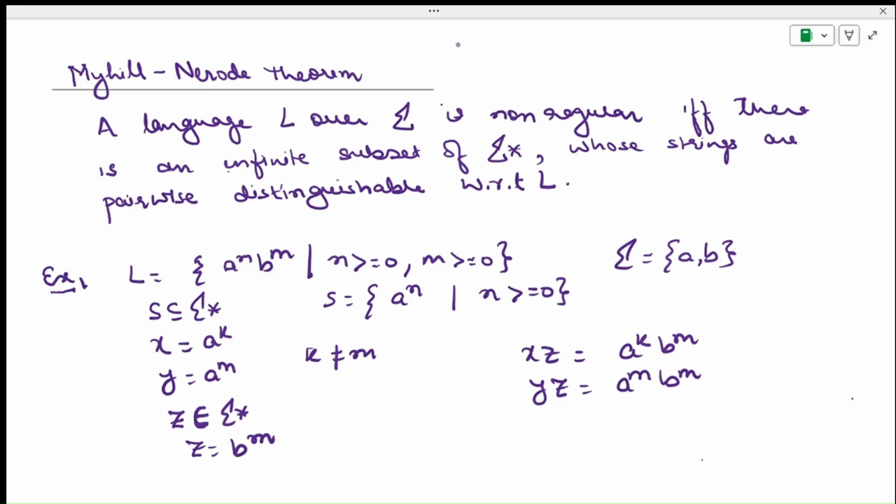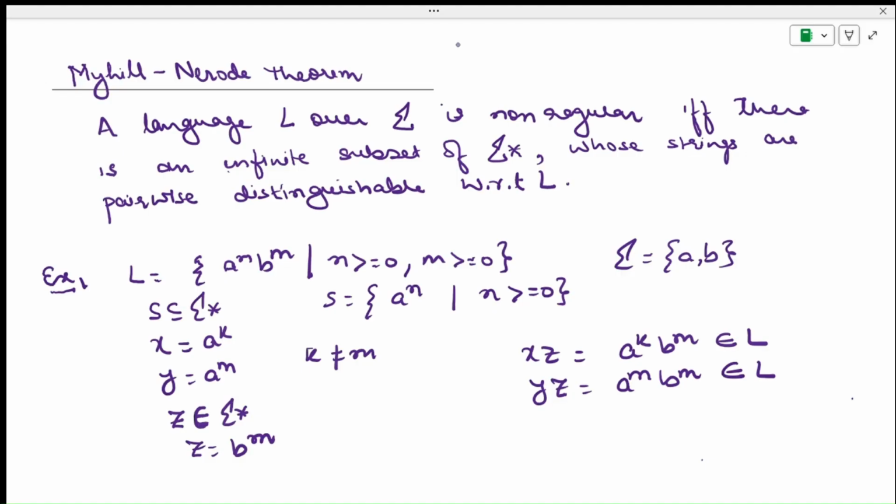We can clearly see that both of these strings belong to the language, as the language says any number of a's followed by any number of b's. So both xz and yz are in the language.